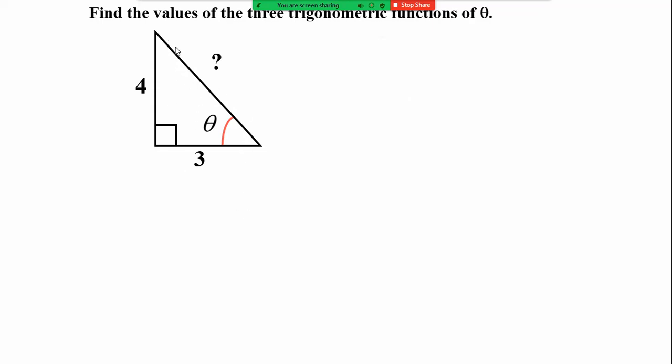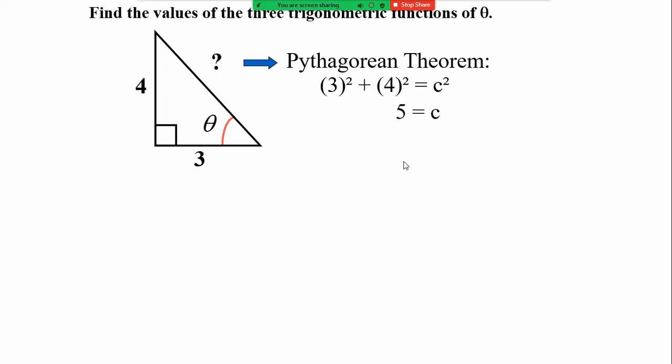So this is useful if you want to find the measure of one side and you only have the 2 other sides. You can use the Pythagorean theorem, which is a squared plus b squared equals c squared.